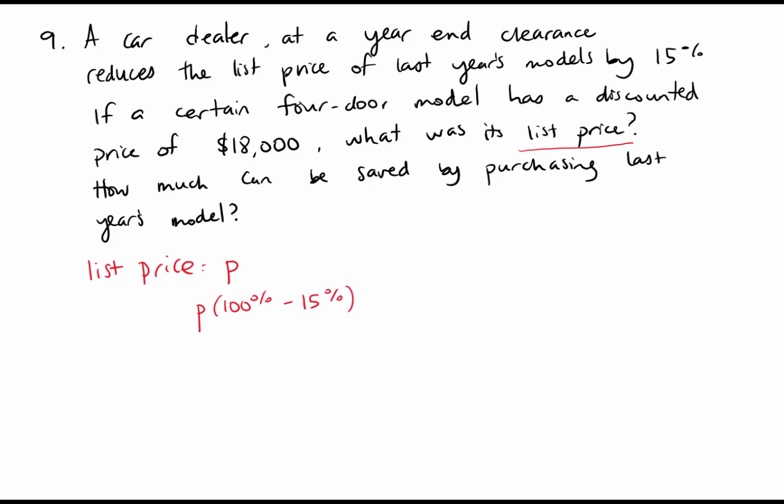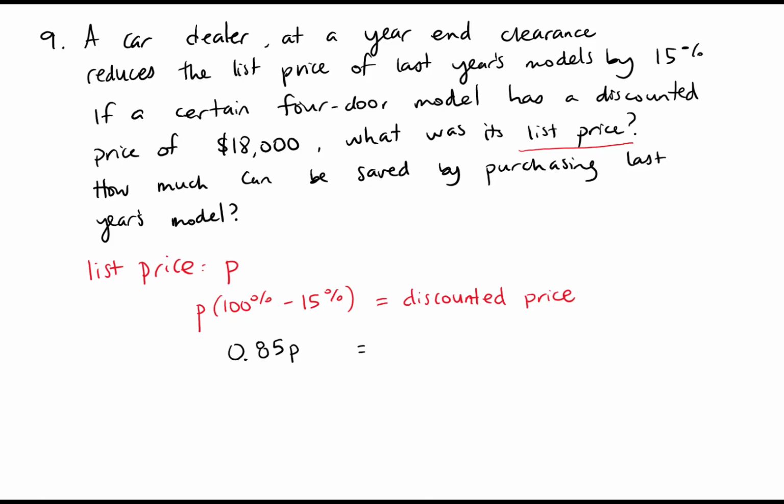Now I'm writing it in percentages and words, but I'm going to convert this right now to an equation. So 100% minus 15% is 85%. But 85% we're going to write as a decimal, so I'm going to say 0.85 times P, and that's going to be the discounted price.